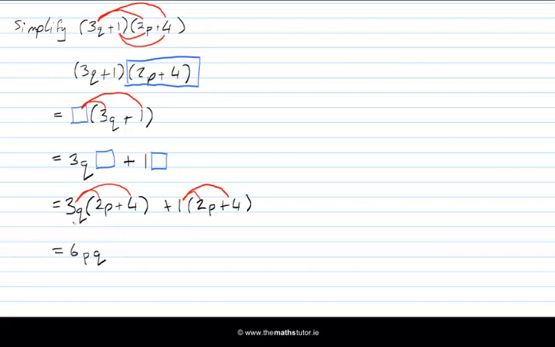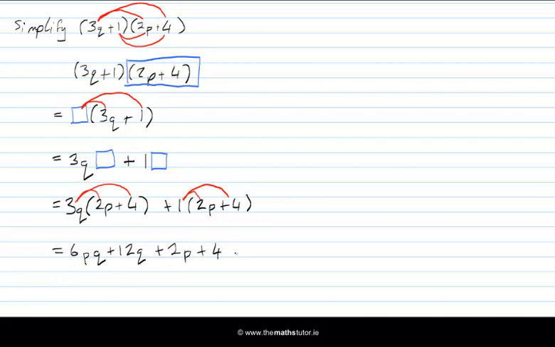That's the 2 times the 3 times the p times the q. Then we have the 3q times 4, which gets you 12q. The 3 times the 4 is 12, and then you have the q. And with this next set of multiplications here, we have the 1 times 2p, which is just 2p, and the 1 times 4, which is 4.